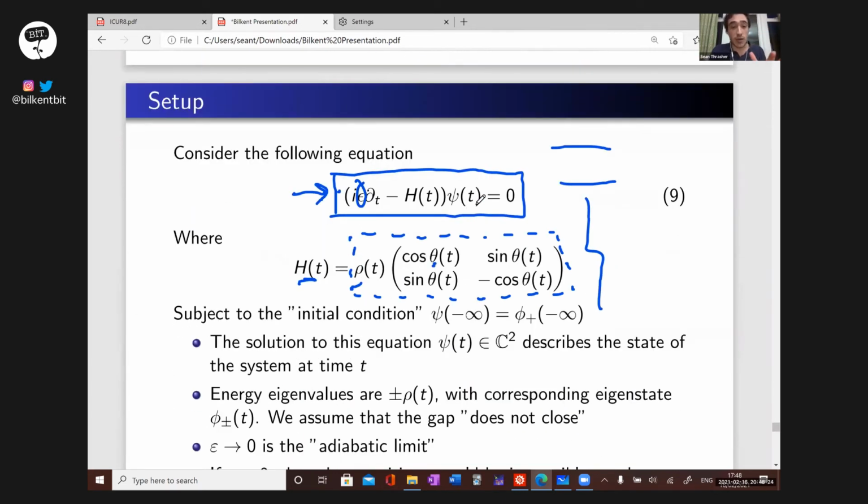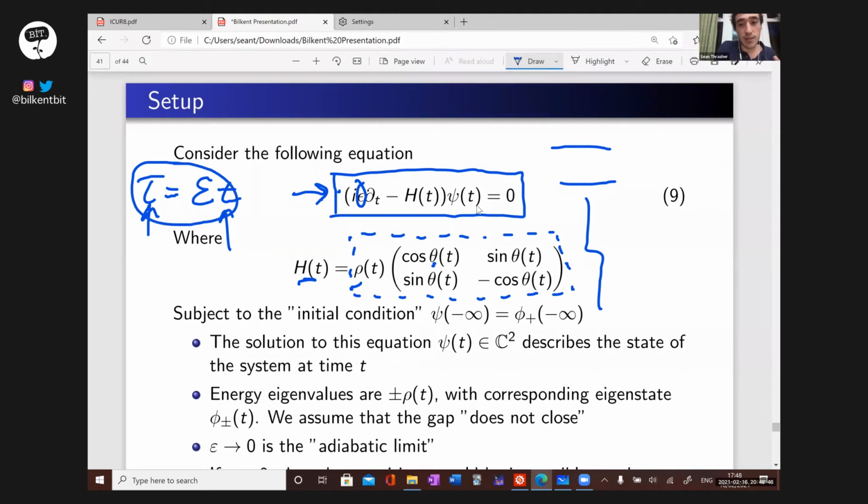So here, what are the 2 scales? What you typically do is you start off with what's known as a macroscopic time scale, and you've got an epsilon, which you multiply by that, and that gives you another time scale. And these are 2 separate time scales, and if you incorporate that, you get this. Okay, I can sense that I'm rambling a little bit.